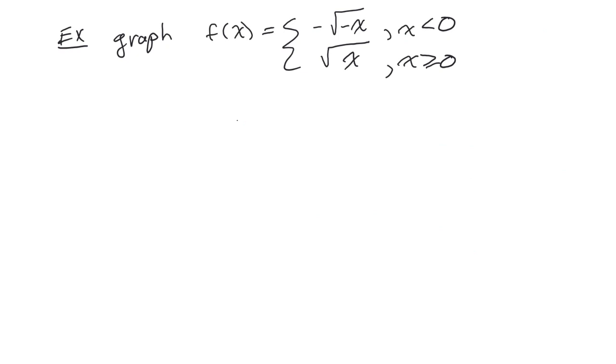Let's graph the function f of x is equal to negative square root of negative x for x less than 0, but then the square root of x for x greater than or equal to 0.